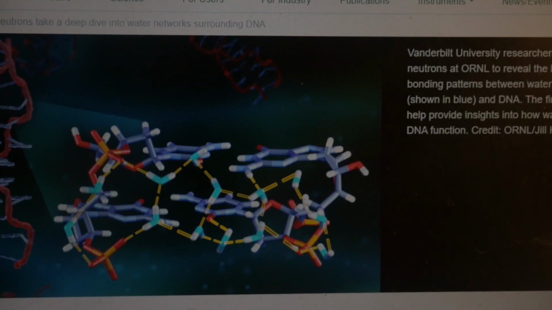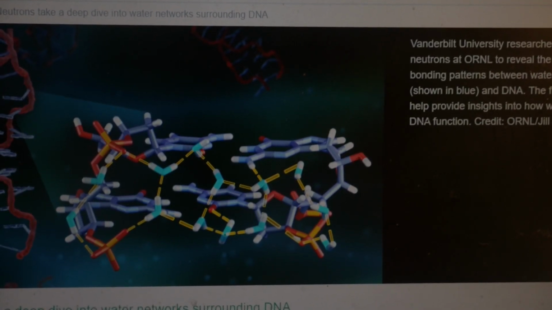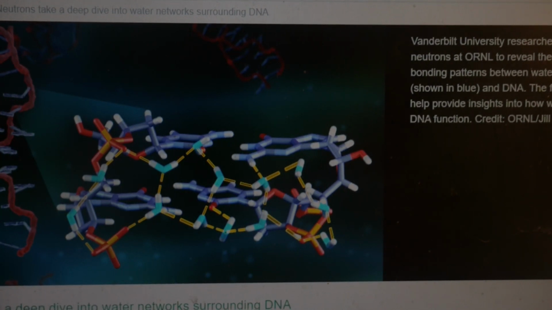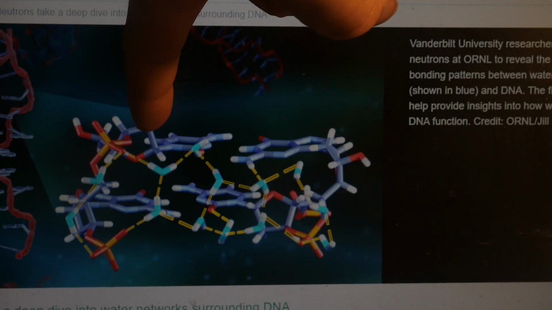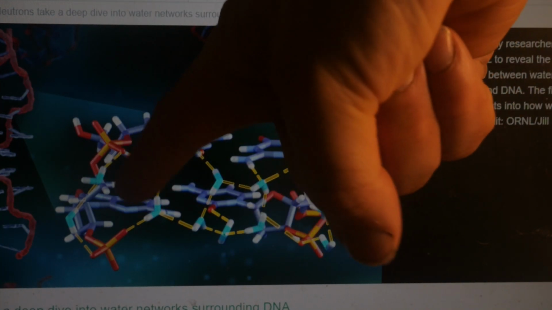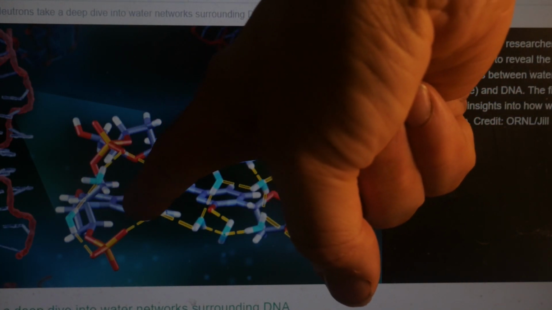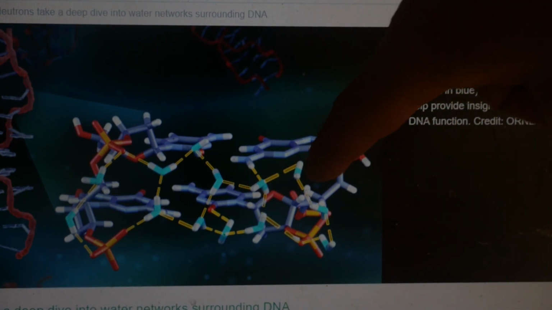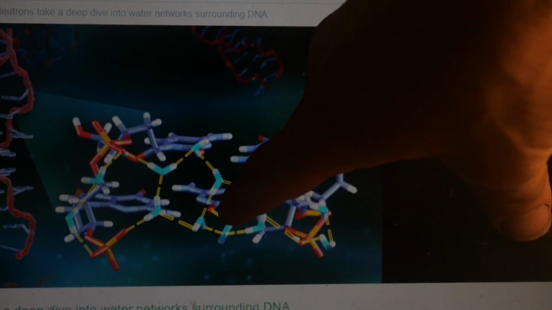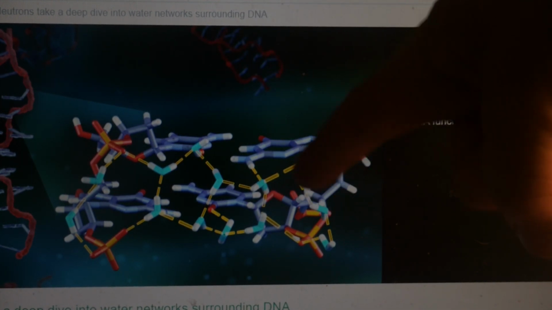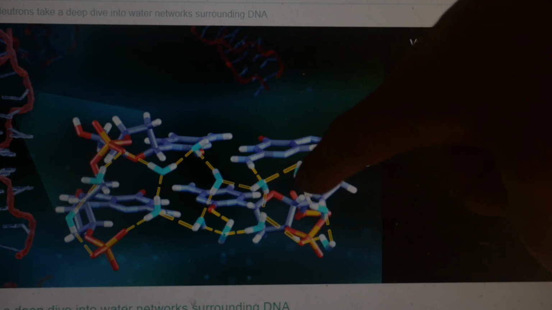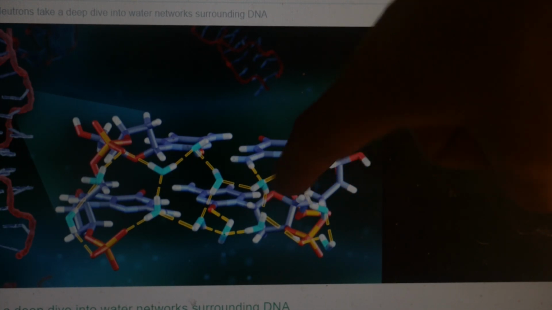Okay. So this is a neutron study of DNA. So we've got the purple bases here, and there's a base there. Okay, and these little blue triangle things with white ends, those are the water molecules. So you can see from this how there's a water molecule hydrogen bonding to bases, and some of them hydrogen bond to themselves.